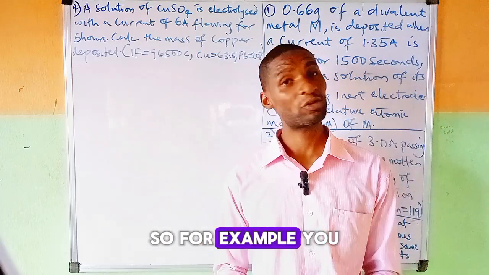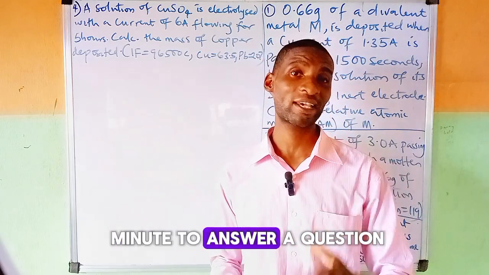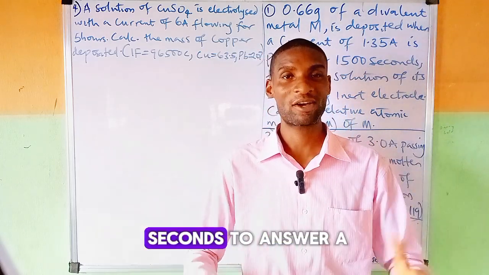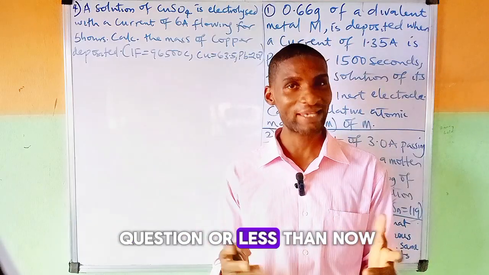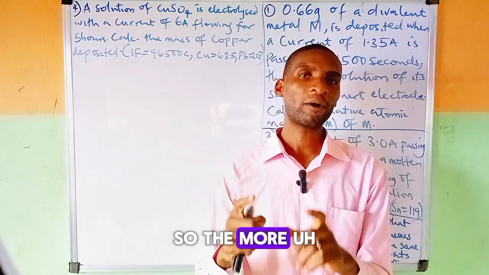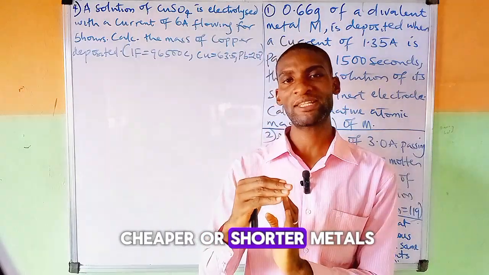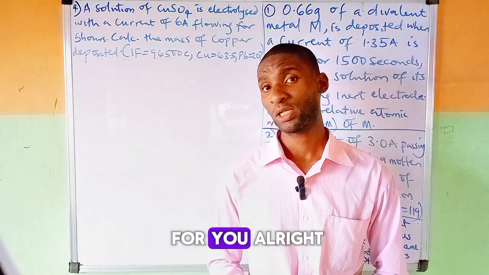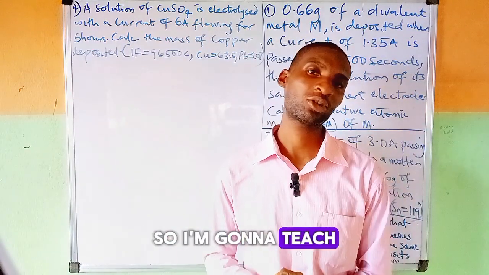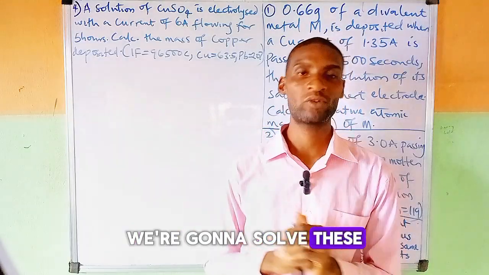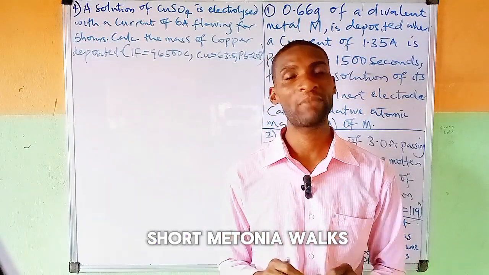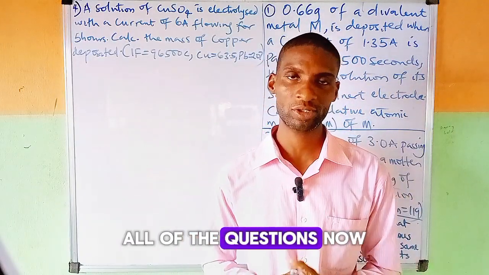For JAM, for example, you have less than 1 minute to answer a question, about 40 seconds or less. So the cheaper or shorter methods you know, the better for you. I'm going to teach you a very short method that works with all of the questions.